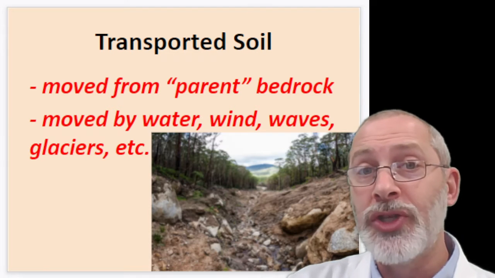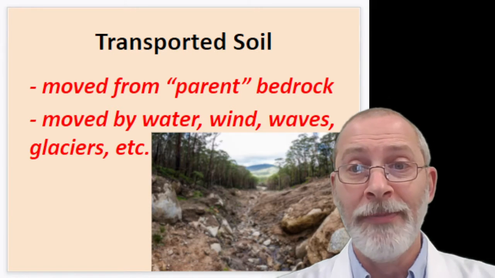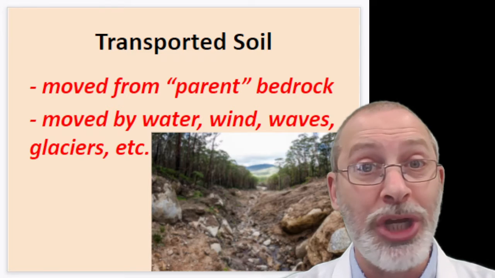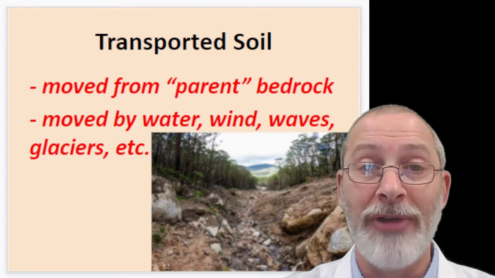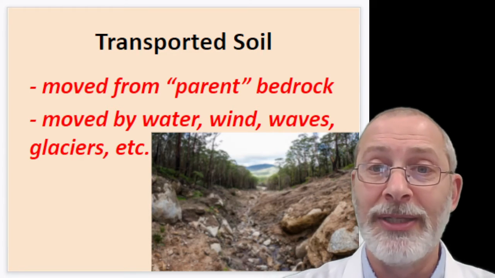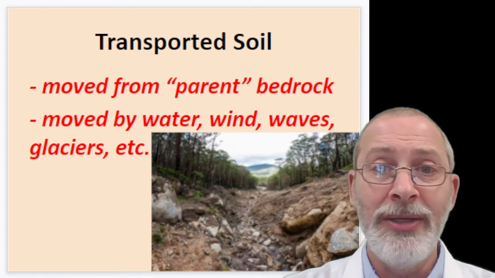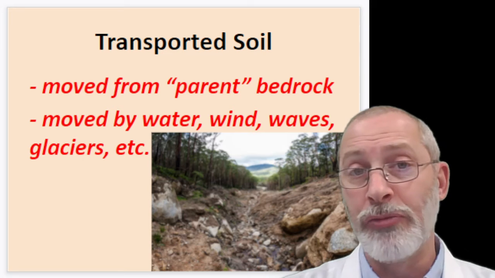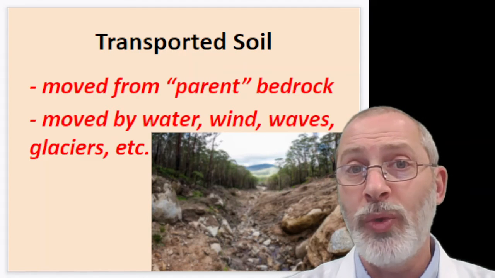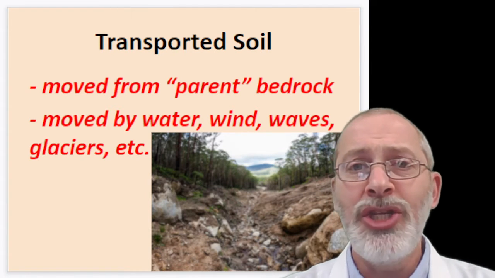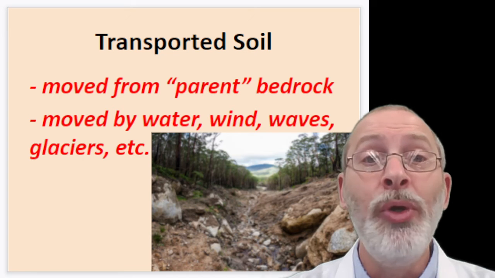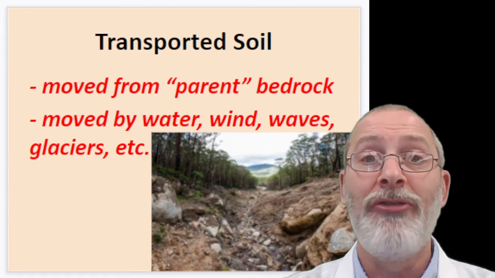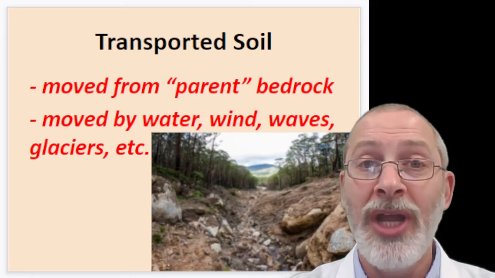Now, transported soil can also occur through erosion. We mentioned the glacial erratic a moment ago, but water, wind, waves, glaciers, those agents of erosion we learned about last week, can have a major impact on moving soil from one place to another.